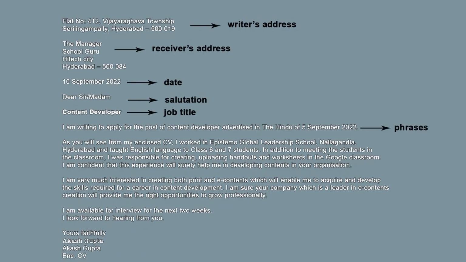Please specify which job you are applying for and how or where you got to know about it. Use phrases like, I am writing to apply for the post of. I would like to apply for the post of. Use post, position or vacancy, not job. Also avoid contracted forms such as I'm.